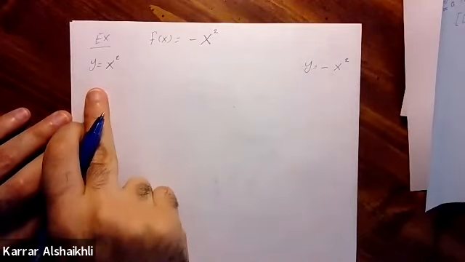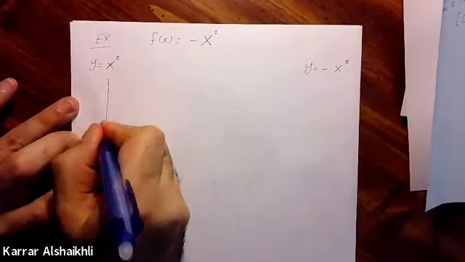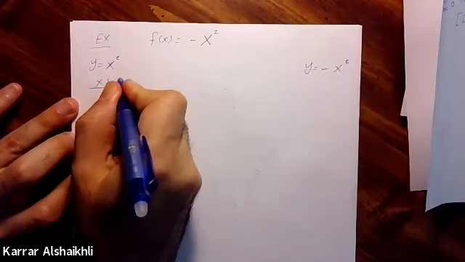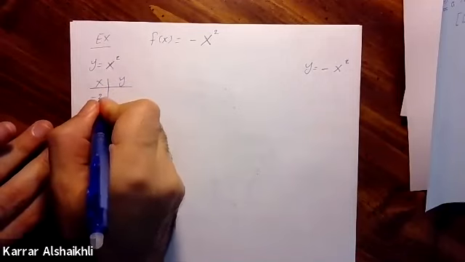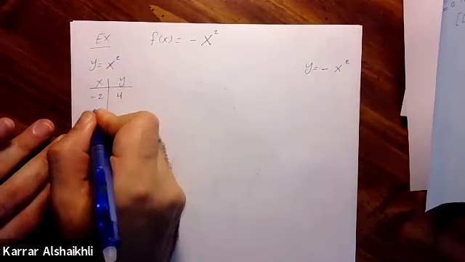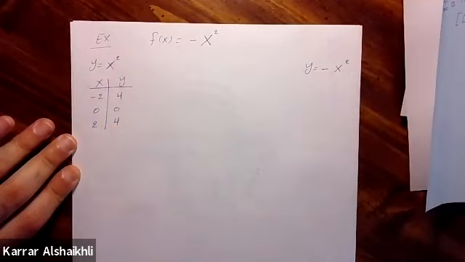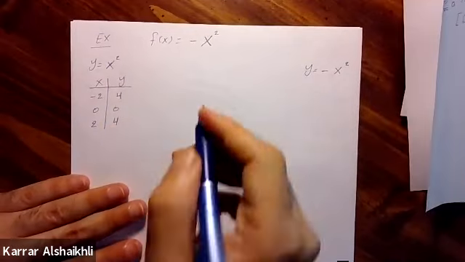So now y equal x squared. Let's graph this one. I already gave you the points: x, y, negative 2 is going to be 4, 0 is going to be 0, 2 is going to be 4. So let's graph this one.